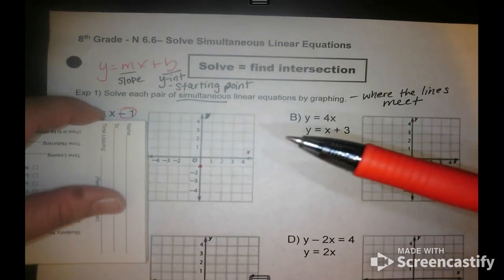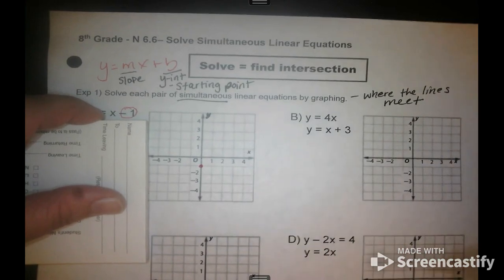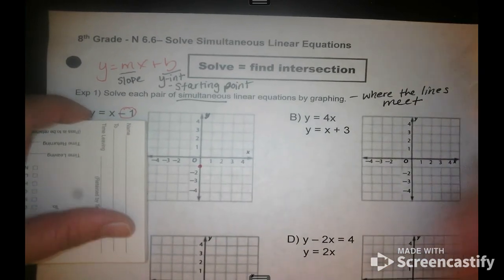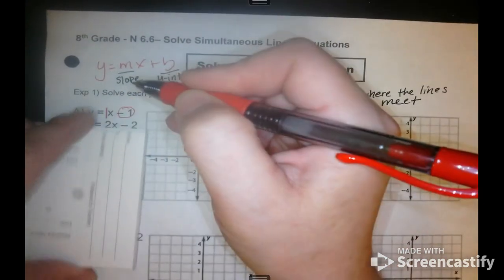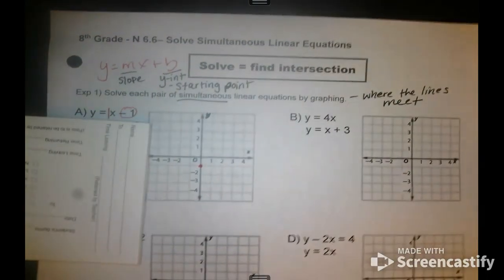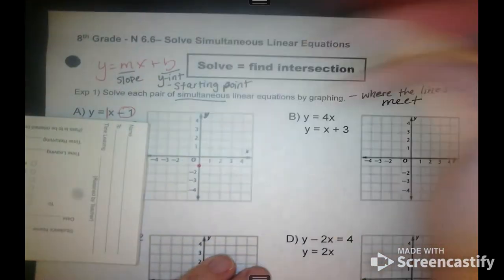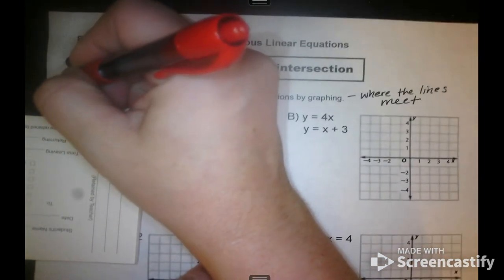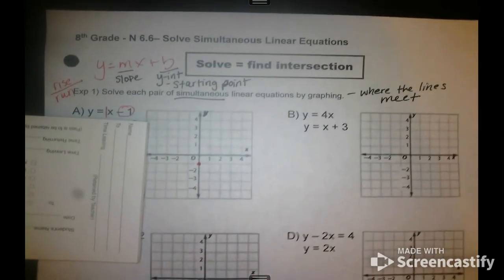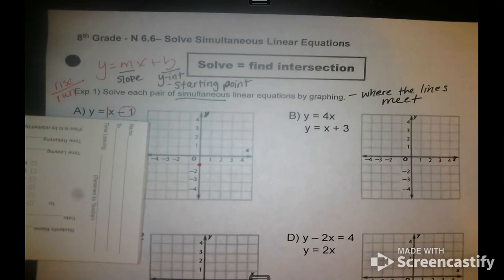Okay, x. If I don't have a number in front of my x, how many of them do I have? 1. Okay, well, how do I graph a slope of 1? Up 1, over 1. Remember, slope, when we graph, is always rise over run. So if I have a whole number, how do I make a whole number a fraction?